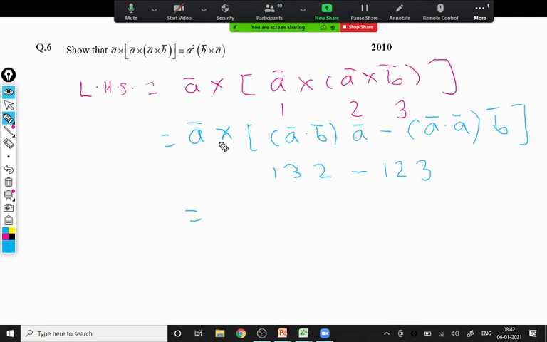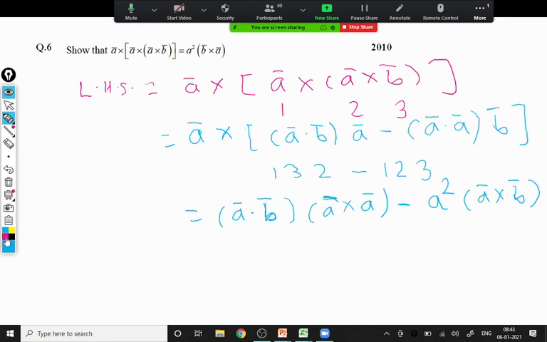Now, if you take A cross inside, what will happen? This A dot B is a scalar number, it remains as it is, and this cross goes between the vectors, so we get A cross A minus. Again, A dot A is A square, that is a scalar, and this cross goes between the vectors, here A cross B. Clear?